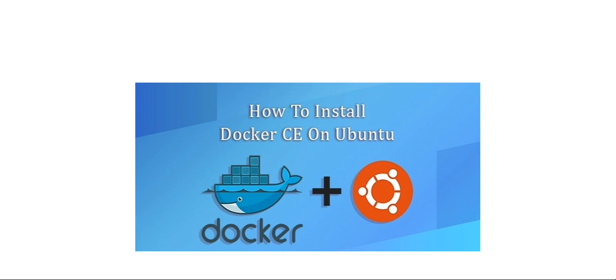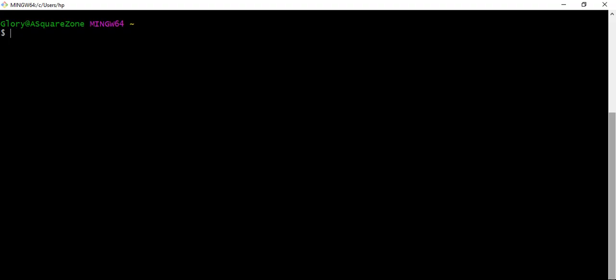Here we need to start an Ubuntu instance and connect to it. I have launched the instance already and I am going to connect to the server without using a ppk file. If you have any doubts about how to connect to the server, you can refer to my previous video. You can get a clear idea of how to connect to an Ubuntu instance without using a ppk file.